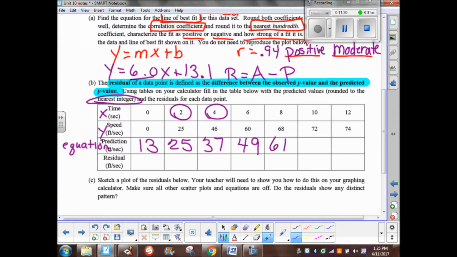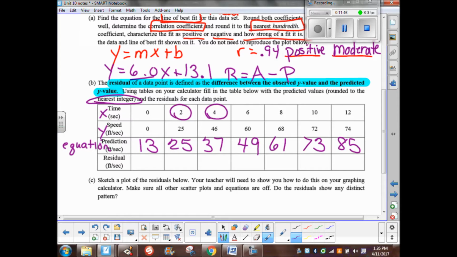Keep going. 73. Then 85. I've got 86 on my paper. Is it 85 or 86? It's 85. Okay, we'll go with 85. We good with those? Those came from the equation.